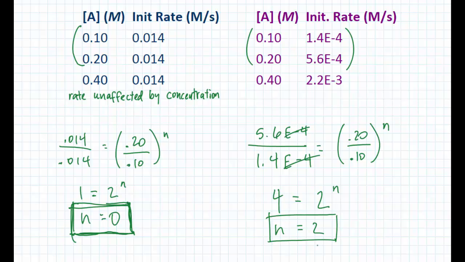So what happened here, we doubled the concentration. That made a 4 times rate. Here, we doubled the concentration and the rate's the same.